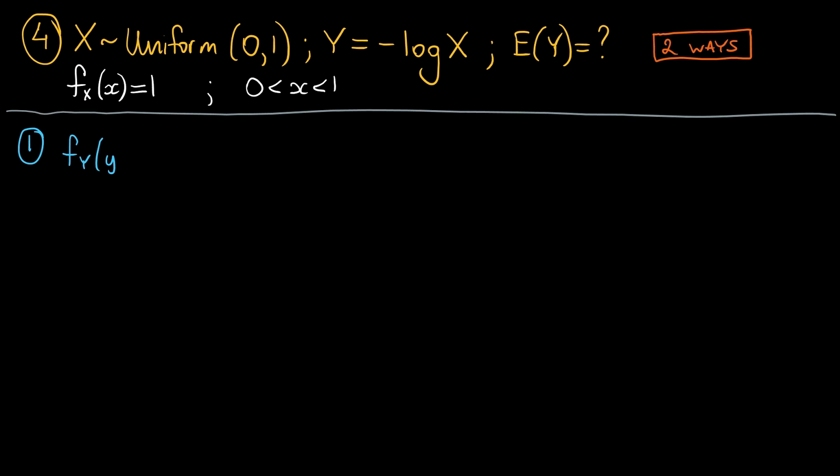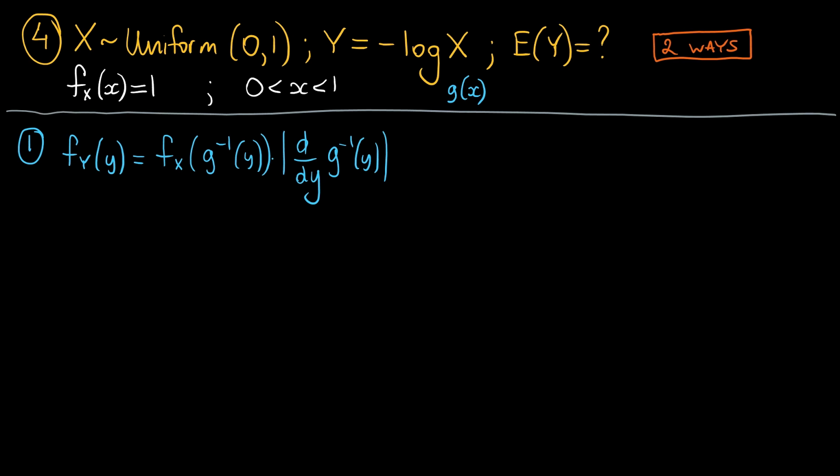So what is the PDF of y? It's the PDF of x evaluated at g inverse of y times the absolute value of d dy of g inverse of y. Okay, so what is g of x here?